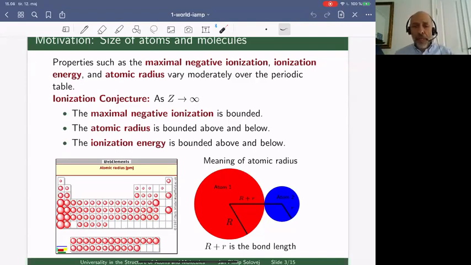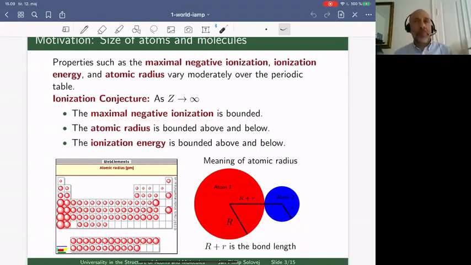It's sort of experimentally seen that it's probably just 1 or at most 2 electrons that can be added, and then an atom cannot bind any more electrons than that. So to make the conjecture a mathematical statement, one looks at the limit as Z goes to infinity and asks whether the maximal negative ionization remains bounded in this limit.